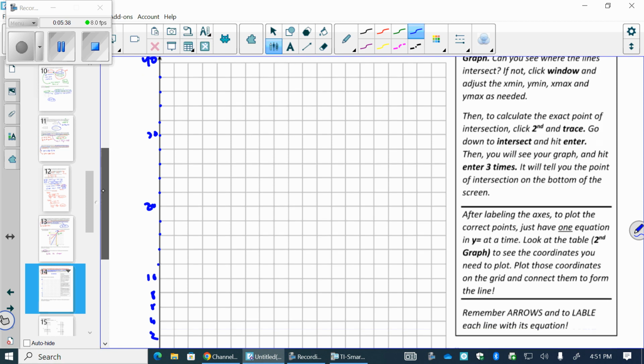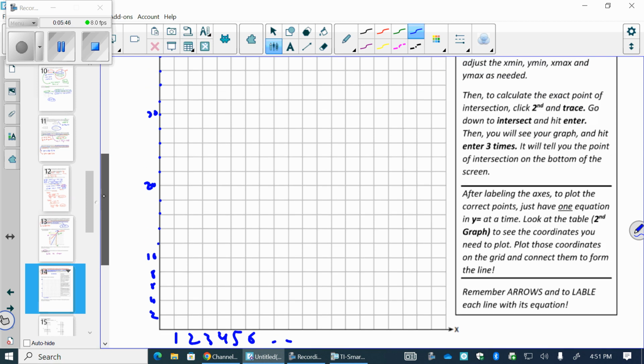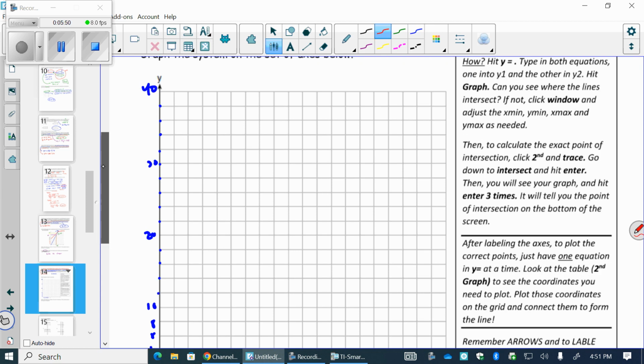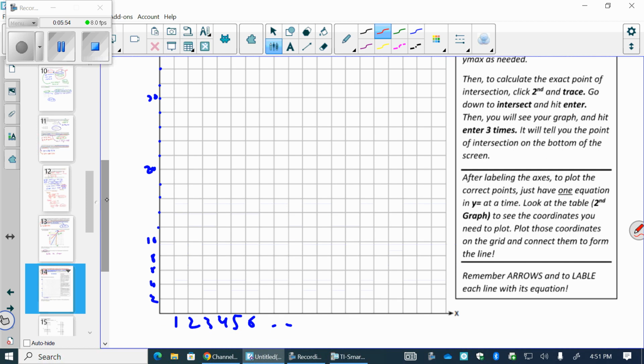And then going across, I think I can just count by 1, 2, 3, 4, 5, 6, and so on. The first graph, if you look at the actual equation, starts at 20 and goes up by 2 each time. So 20, up 2. Remember, this is 22 here. So this line looks like this.